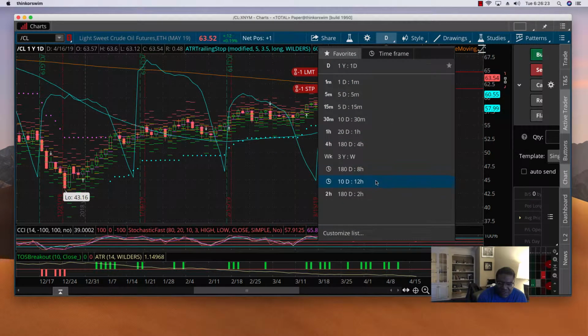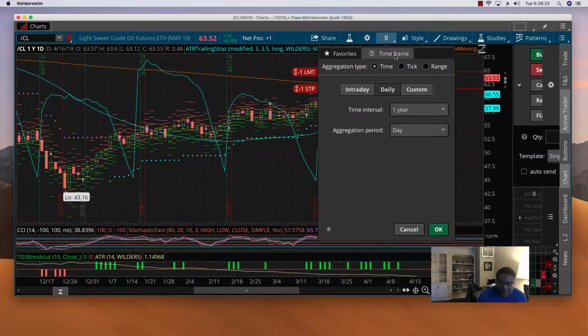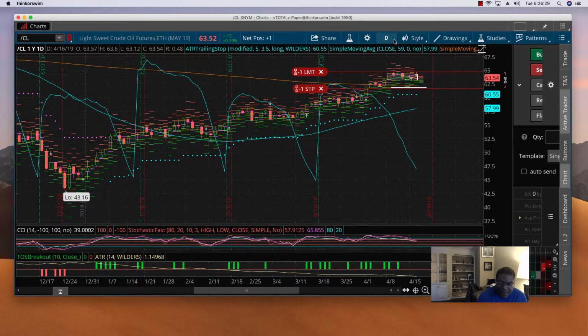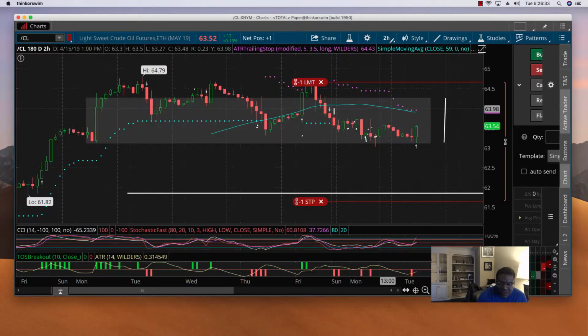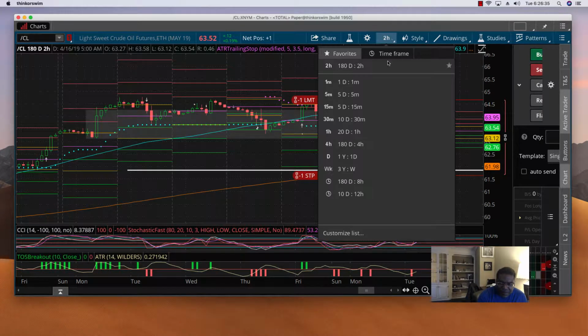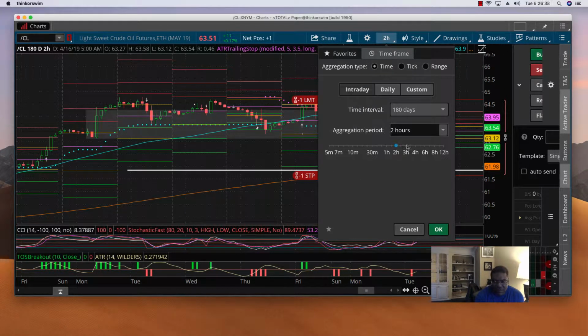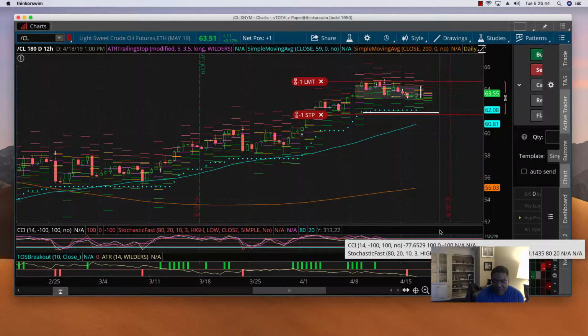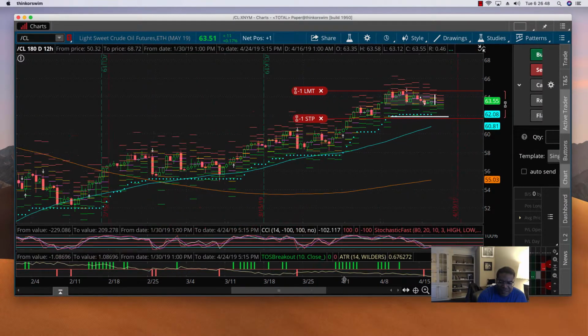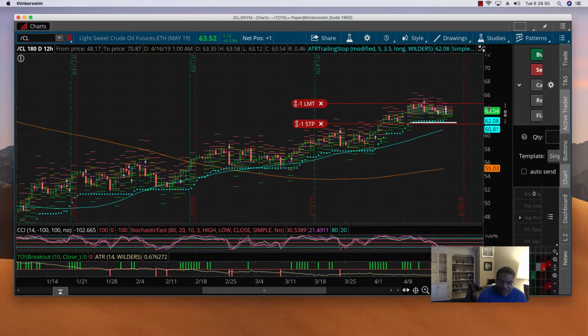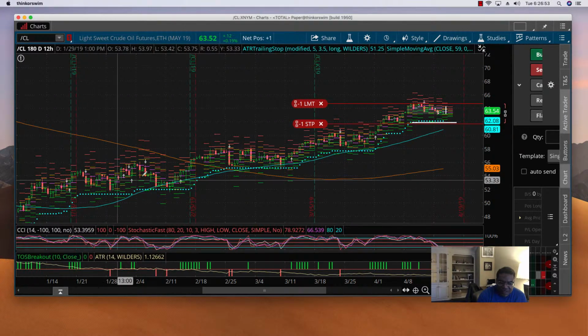So let's go to the 12-hour time frame. We're going to go to 180, and then we're going to do a 12-hour like that. Okay, and you can scroll back and see that the ATR is closer to the market.